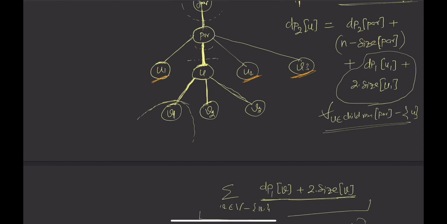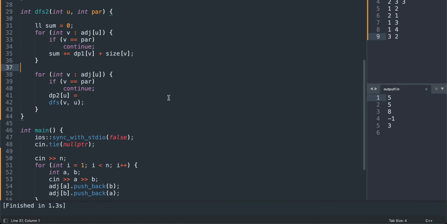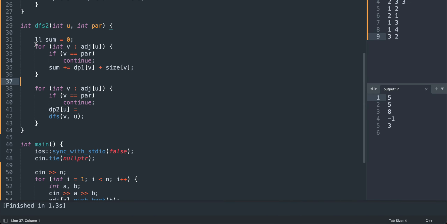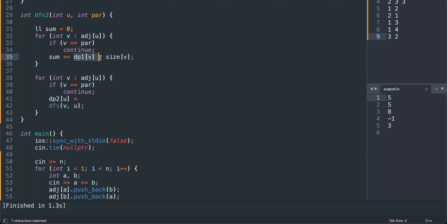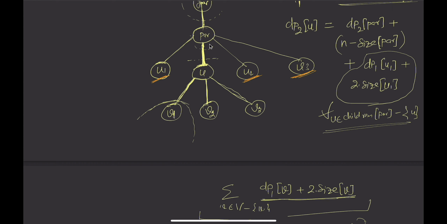We came for 1, it is 0. So dp1 of parent is already known. Okay, parent should not come in this equation. So this is fine for all the siblings. So that is the first increment. What about the second one?